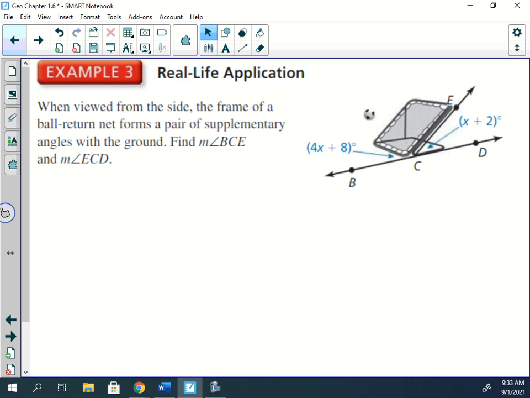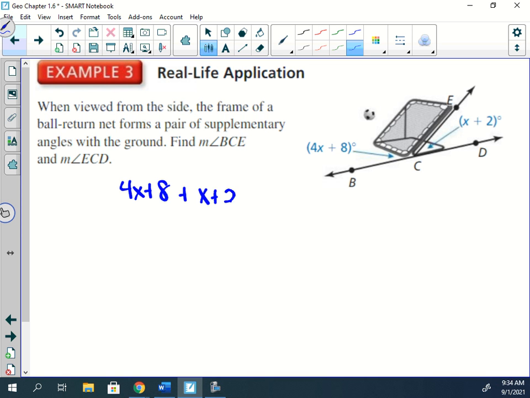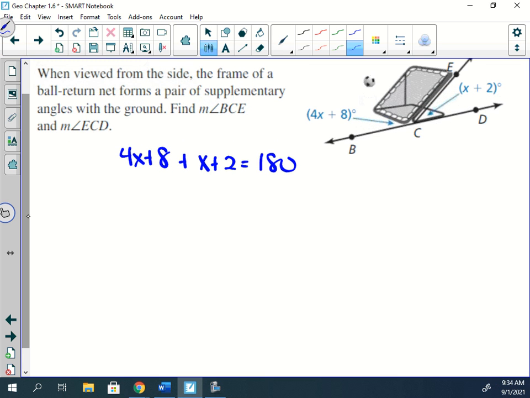When viewed from the side, the frame of a ball return net forms a pair of supplementary angles with the ground. Find the measure of angle BCE and the measure of angle ECD. Supplementary means what? They add together to be 180, yes? So our two angles, 4x plus 8 plus x plus 2, is equal to 180.